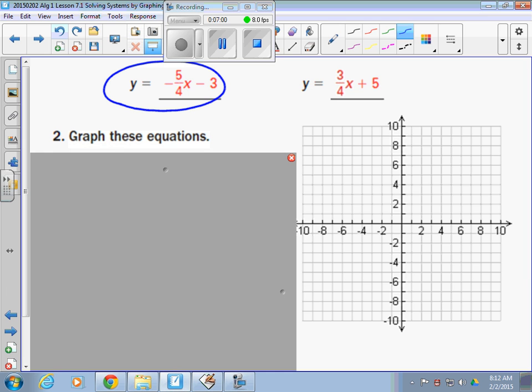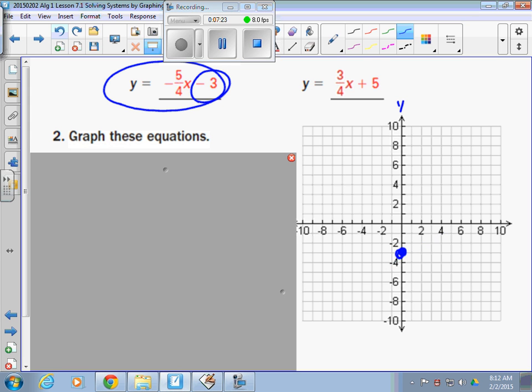This first equation, we know where to begin. You begin at negative 3. So on your y-axis, we're going to begin at that point right there. And again, I'm making these points small because I want you to go through that exact spot. Don't make it really big and then wind up passing through at the bottom like that.